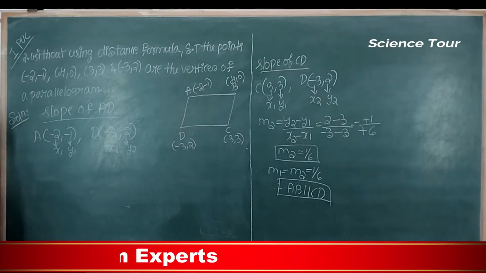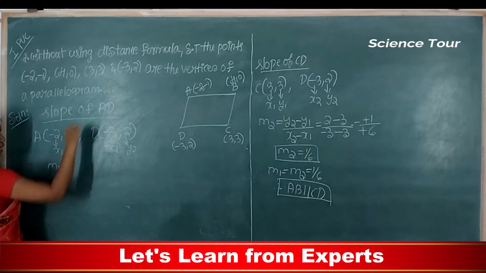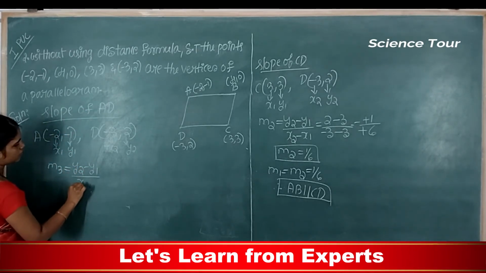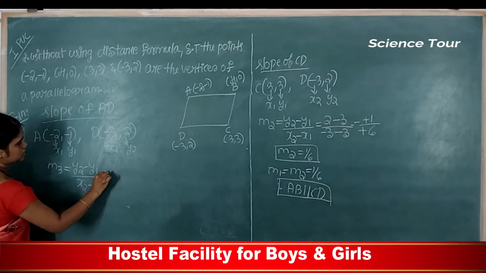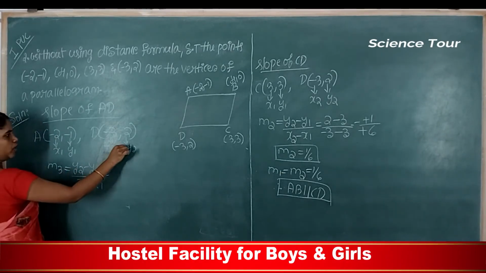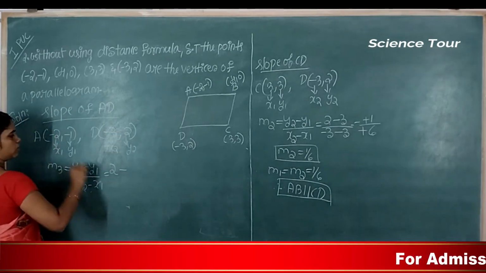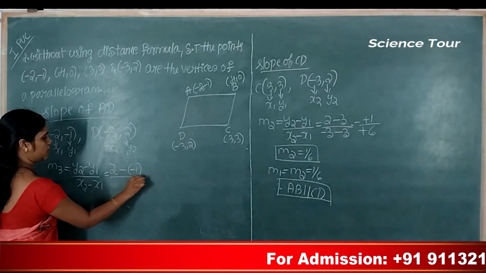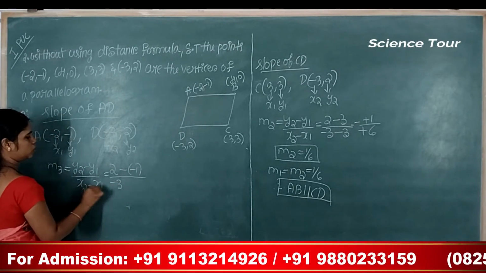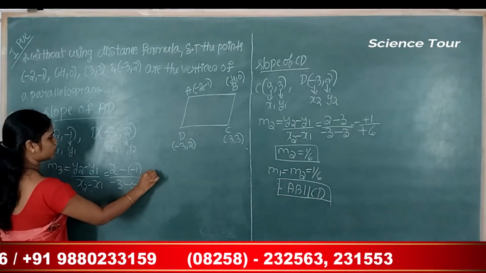So if suppose m3 is the slope of AD, what is the formula? y2 minus y1 by x2 minus x1. We'll substitute the value y2. y2 is equal to how much? 2 minus y1 is equal to how much? Minus 1 by x2. What is the value of x2? x2 is equal to minus 3 minus x1 is equal to minus 2.